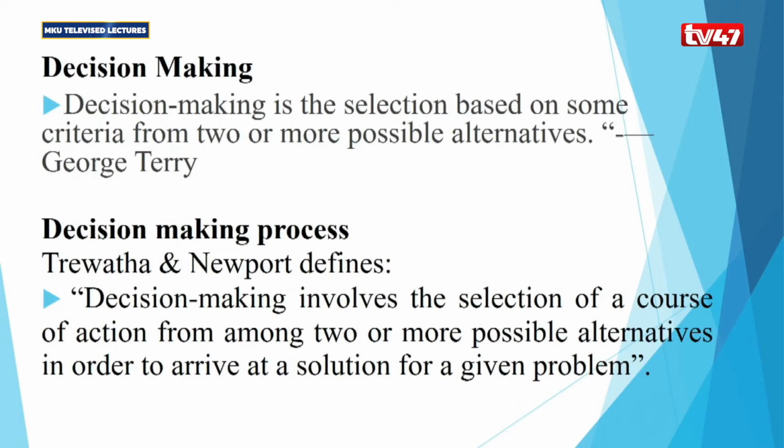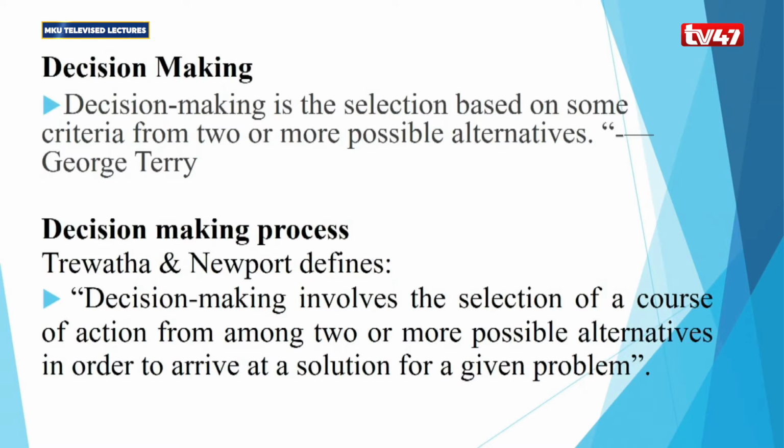We have the second term, that is decision making. Decision making is the selection based on some criteria from two or more possible alternatives. Definition by George Terry. And the last term is decision making process by Trewatha and Newport.